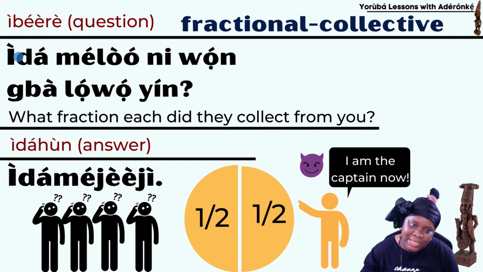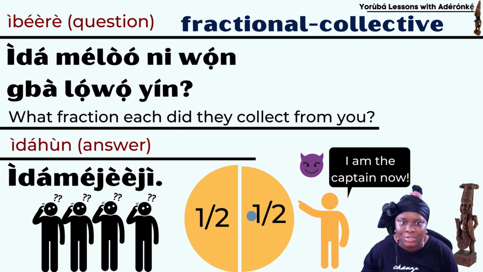If you say ìdá méjì ni wọ́n gbà lọ́wọ́ wa, they took off. However, ìdá méjèèjì, they took the 2 offs. They took all the offs, all 2 offs. They decided that you were going to take off and they would take off, but then they decided that their own off wouldn't do and that they need your off.